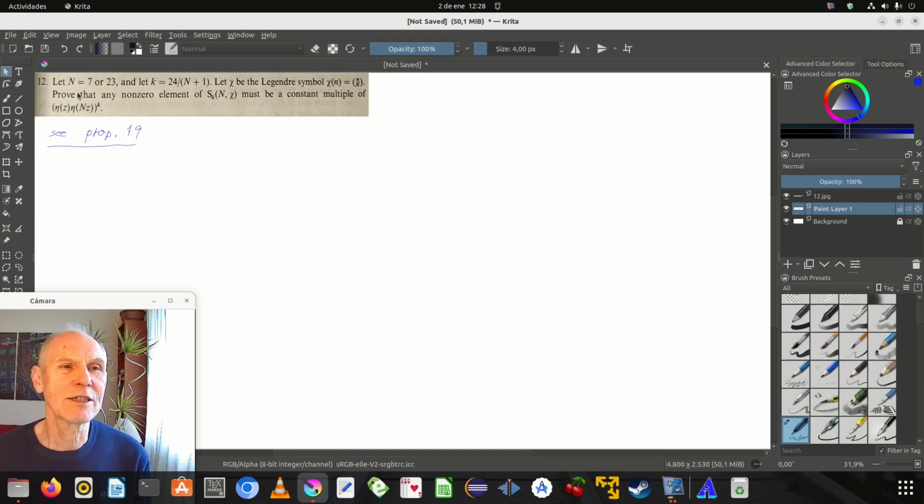And then I realized that in proposition 19, all the values of n were prime, as they are here. And there we know the cusps. That was the last problem of section 1.